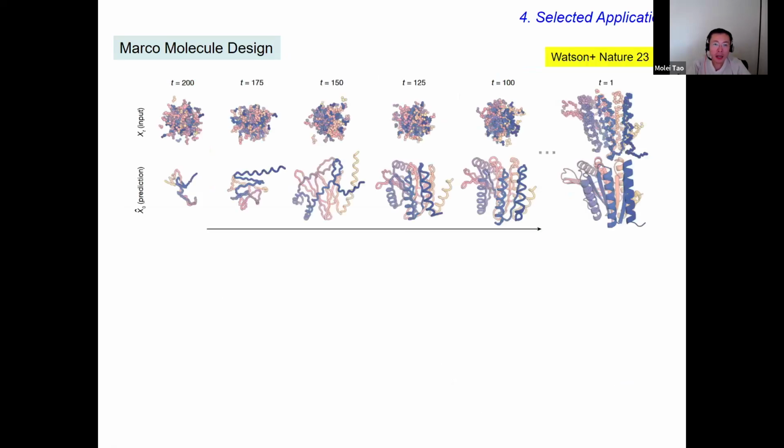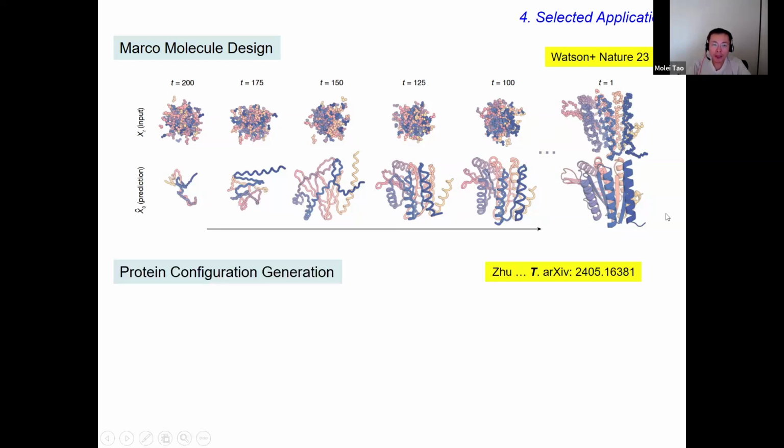Like I said, you can design molecules, for example proteins. This is taken from this beautiful Nobel-winning Nature paper. You can design proteins by running diffusion. You have a data set of functioning proteins, and then you try to generate more proteins that hopefully function in the same way. This is really just generative modeling on a manifold if you oversimplify everything.